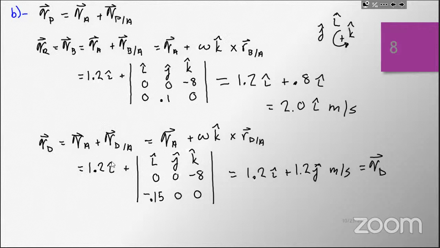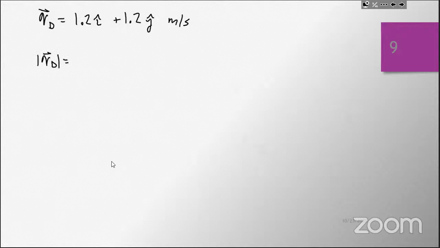So what if I wanted, do I have another slide here? Yes. All right, so we found that V sub D was equal to 1.2 I plus 1.2 J meters per second. But I want to do this in terms of the magnitude. The magnitude is just the Pythagorean theorem.